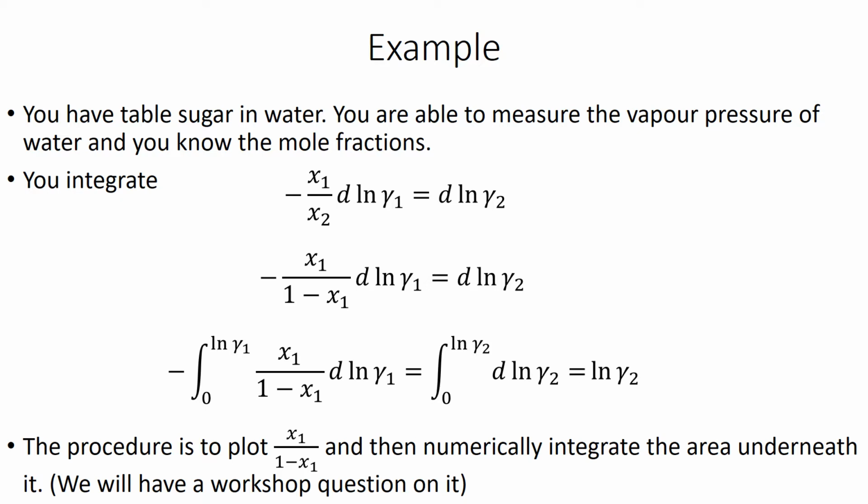The procedure, if you look at this integration equation, is to plot that kernel, that x1 on 1 minus x1, and then numerically integrate the area underneath the curve. Now, if you don't quite understand how this works, we will deal with this in a workshop question.